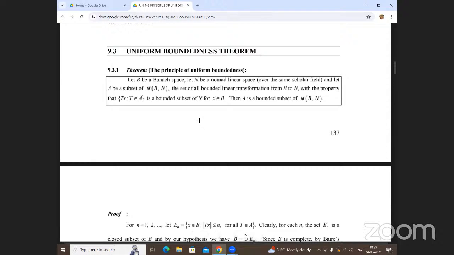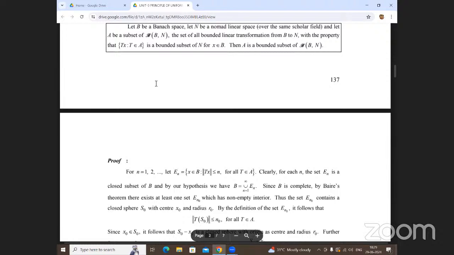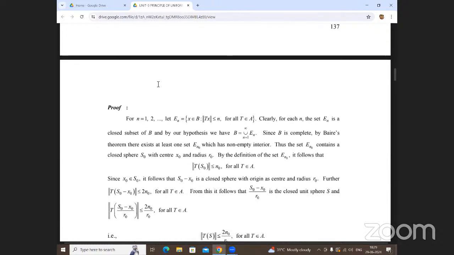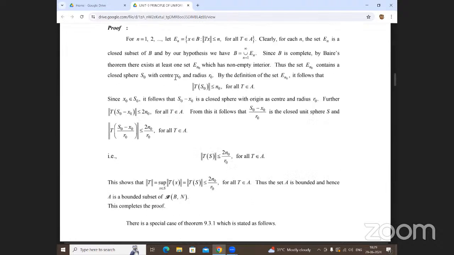Tomorrow we will discuss only the operators part, because tomorrow is the last session. Try to understand maximum. If you have any chance, please contact us personally, because this theorem, 9.3.1, is a very important theorem in the final examination. Without this one, do not expect the final examination of the functional analysis paper.